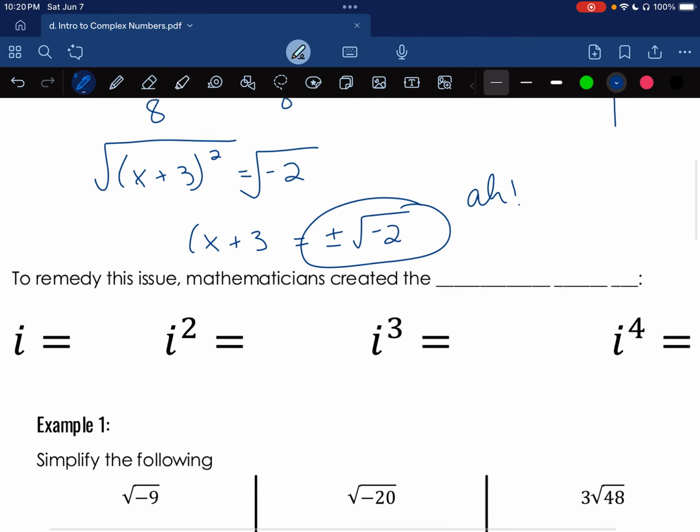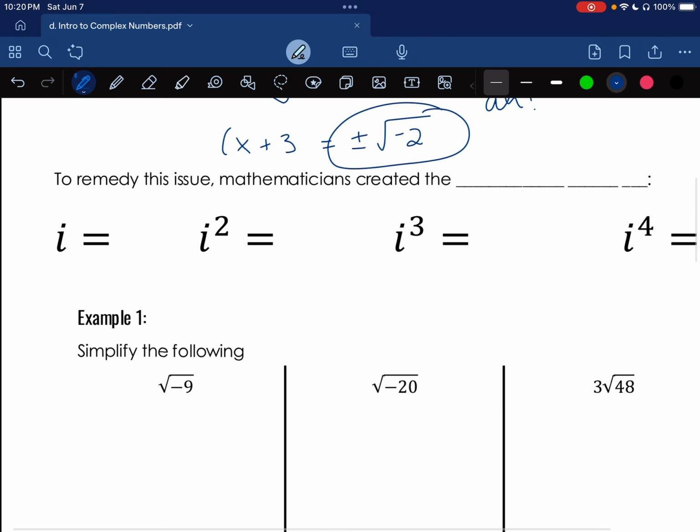But to remedy this issue, mathematicians got a little creative, and they created what's called the imaginary unit, i. Notice how I write my i a little bit different when I'm talking about the math i, right? It's a little squiggly. When I was writing i's in the word imaginary, they're just printing.